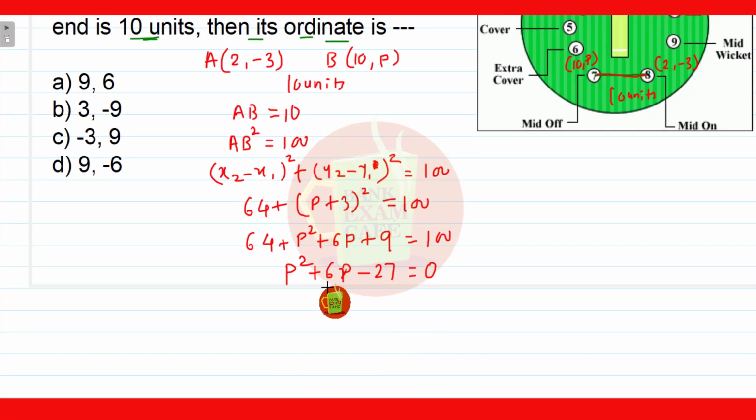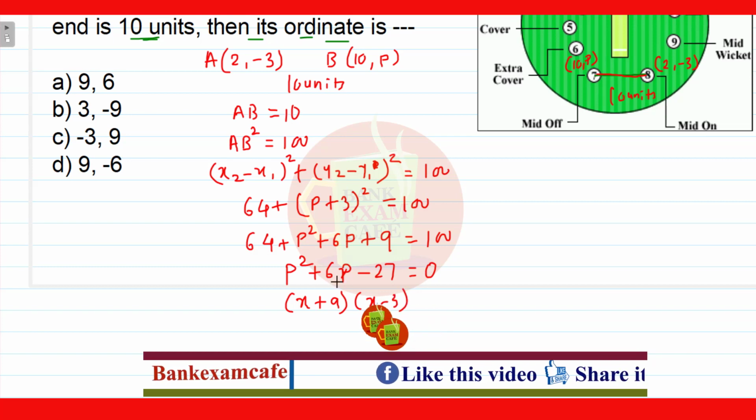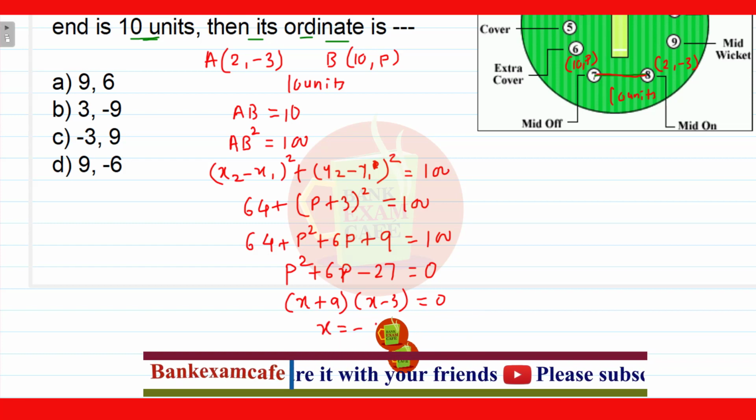And so we will solve this quadratic equation by splitting the middle terms. So the factors will be what? x plus 9 and x minus 3. You should learn to write the direct factors, which is equal to 0. So x will be minus 9 and x is equal to 3.